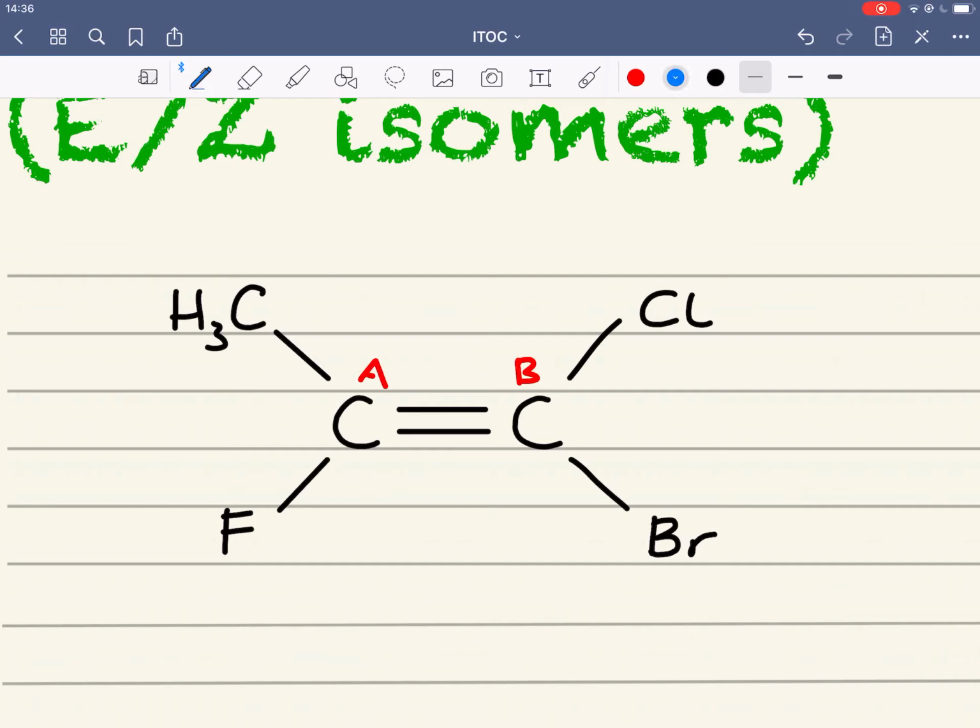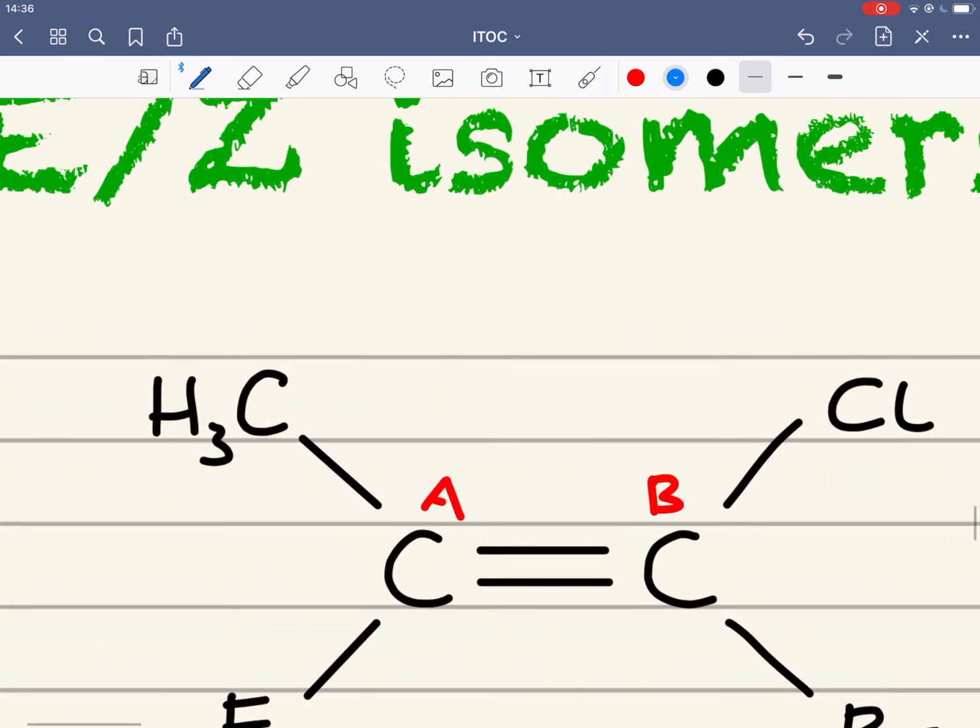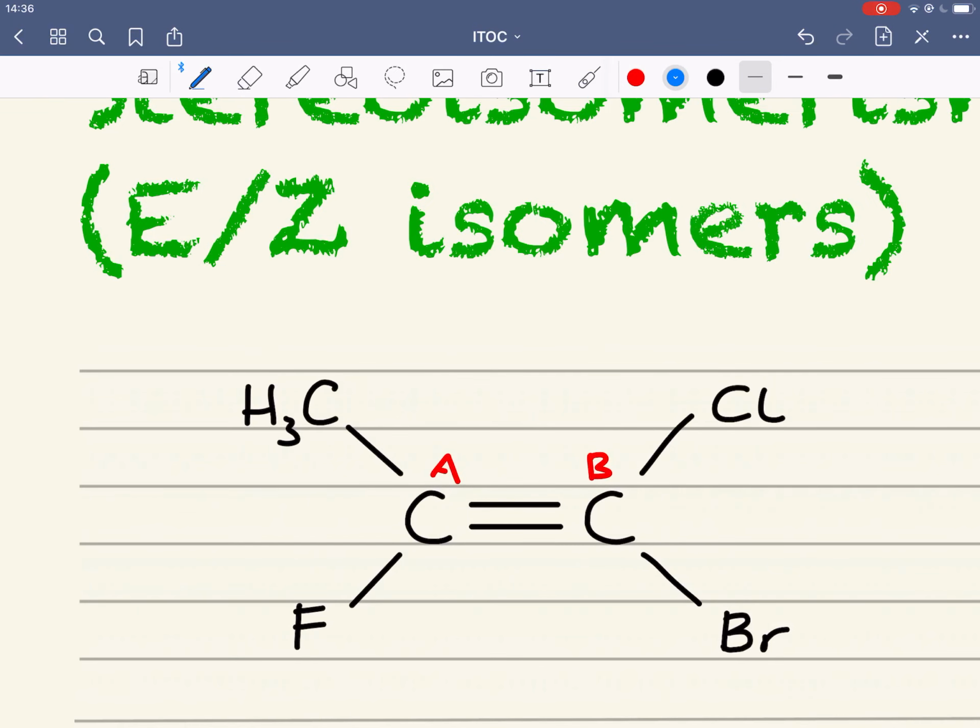a priority to the groups attached to carbon A. The priority is based on the atomic number of the atom bonded to the carbon in the double bond. So I look at the atom bonded to carbon A, and here I've got a carbon, and the atomic number of the atom bonded to carbon A here is 6.